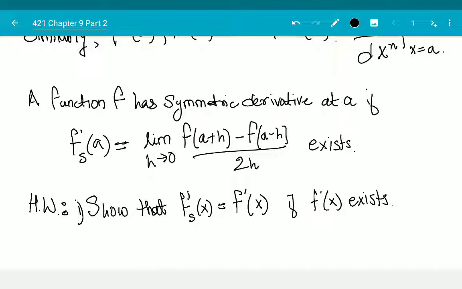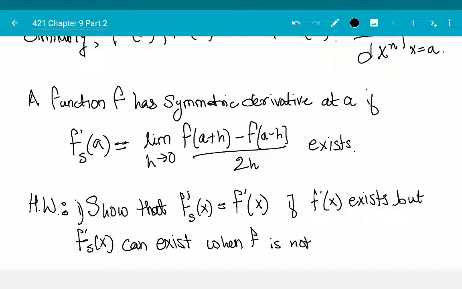Okay, but f prime s at x can exist when f is not differentiable at x. Okay.